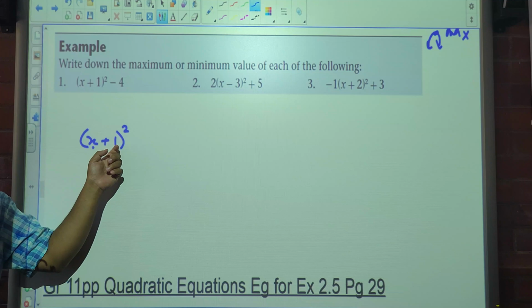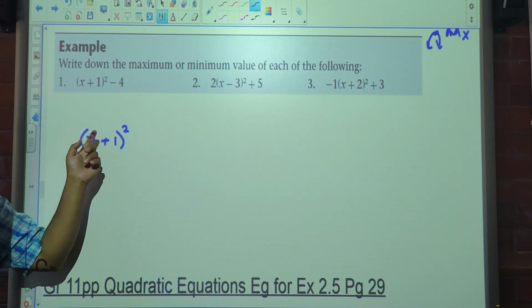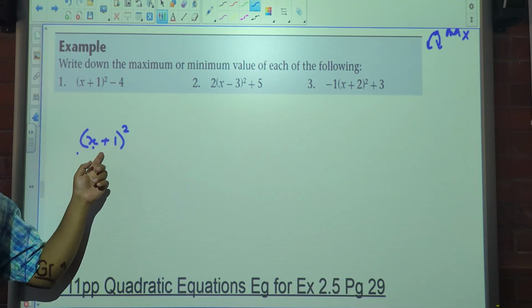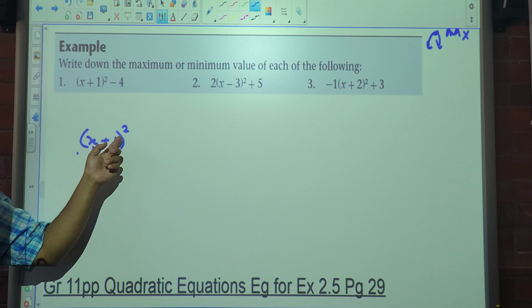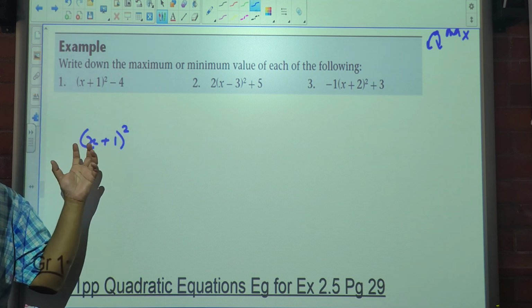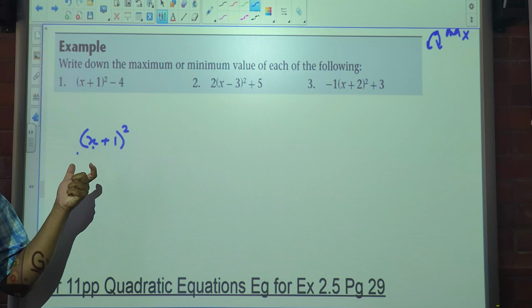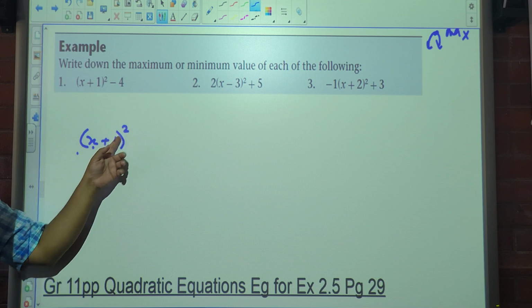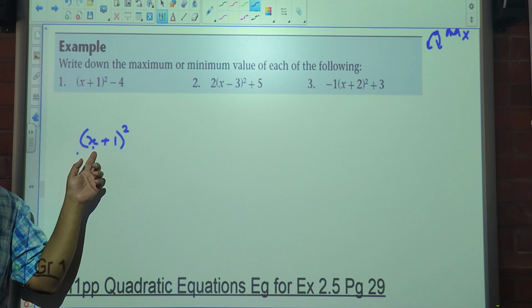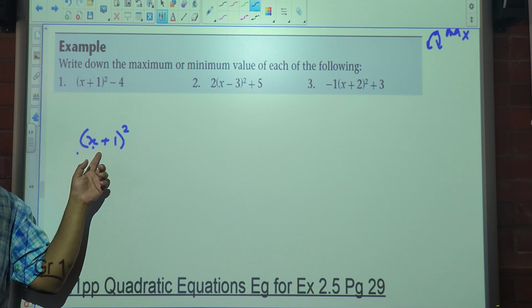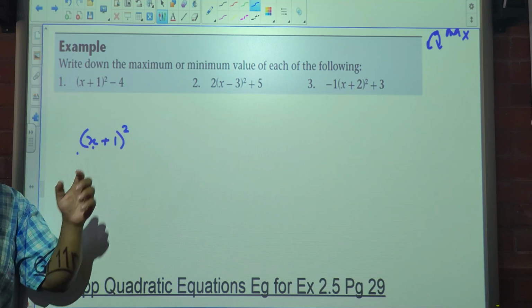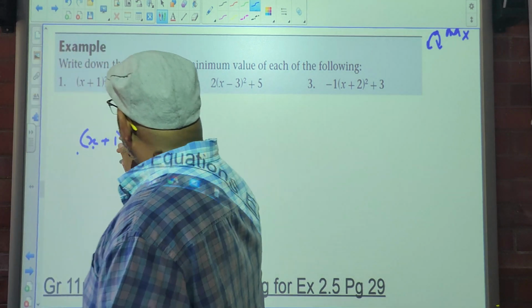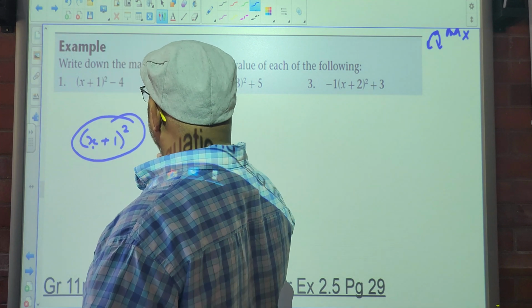Minus 3 plus 1 is negative 2. Negative 2 squared is positive 4. What do you notice? It's always positive. What if you chose negative 1? Negative 1 plus 1 is 0. 0 squared is 0. So this will always be greater than or equal to 0.